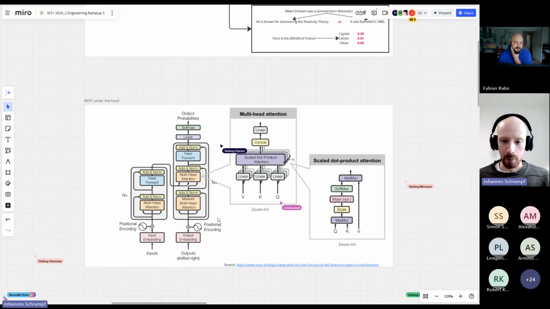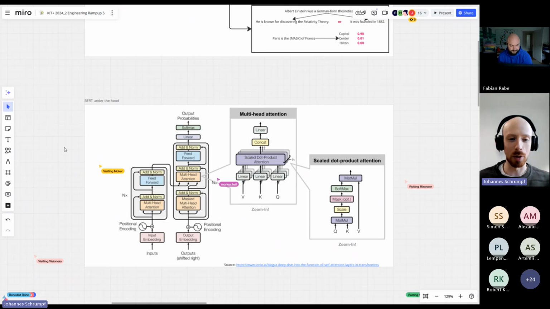So how does all of this work? We have already learned about different kinds of network architecture, right? We have looked at convolutional neural networks, for example, as the de facto standard for image processing. And we've also looked at long short-term memory networks, like recurrent neural networks where they feed into themselves again.